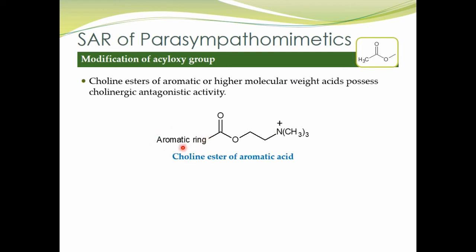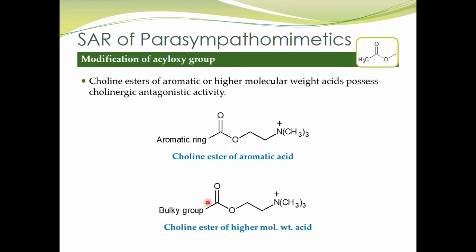If we introduce an aromatic ring, that is called a choline ester of aromatic acids, and if we introduce bulky groups, that is called a choline ester of higher molecular weight acids. By a bulky group, the molecular weight is increased. In both cases, it gives antagonistic activity.